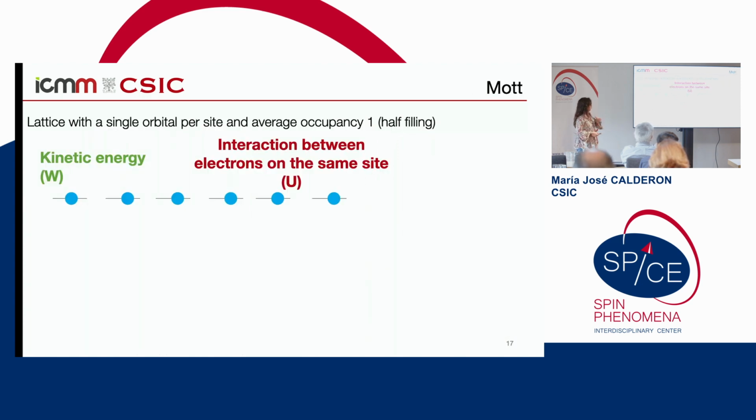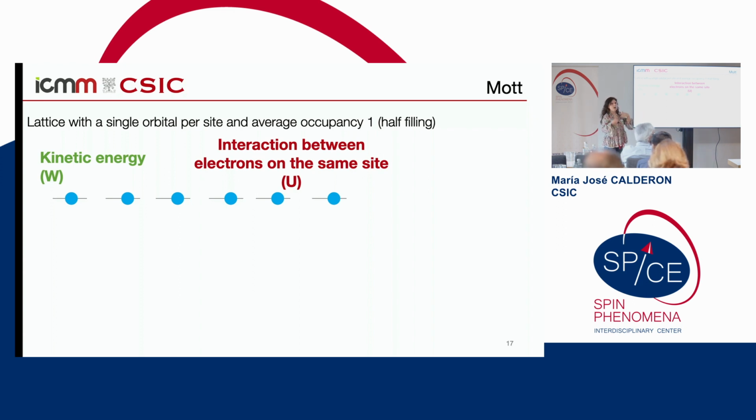So before going to the results, let me go back to some basic concepts and see the kind of things that we should expect. So we start from Mott, the simplest way of looking at the Mott transition. So if you think of a lattice with a single orbital per site, that's the simplest, and we put one electron per site, that's half filling.